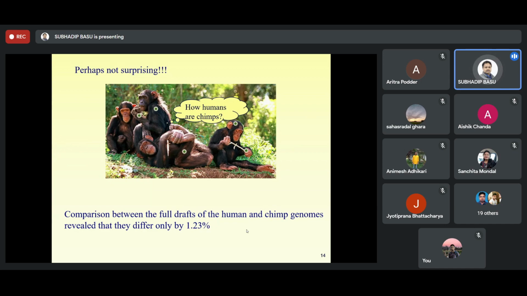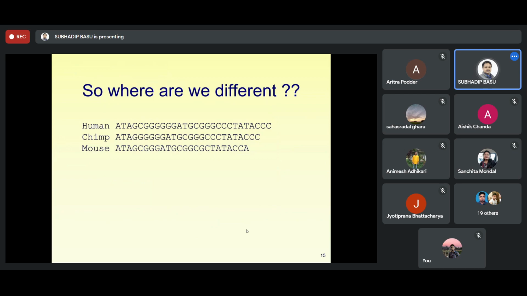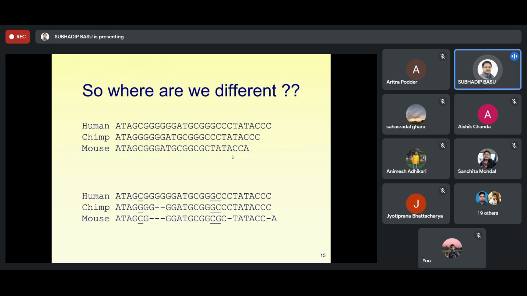Now you need to see the conservation, like where are the similar and where are the different. If you go to the genome, you will see that maybe human, chimps and mouse, they have some similarities somewhere and there are differences somewhere. So there is conservation in some aspects, there are deviations in some aspects. So we need to understand that.